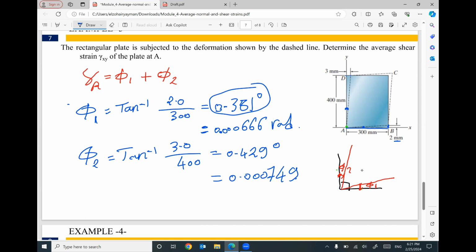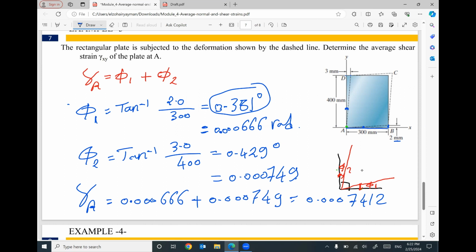So the shear strain at corner A will be the shear strain phi 1 plus phi 2. So the final value will be 0.007412.